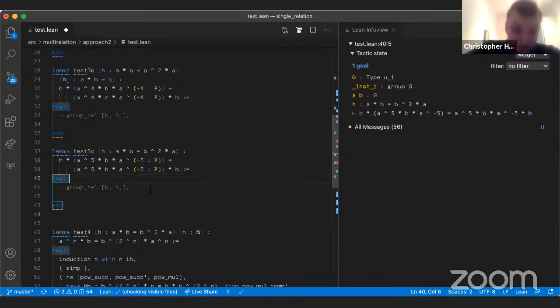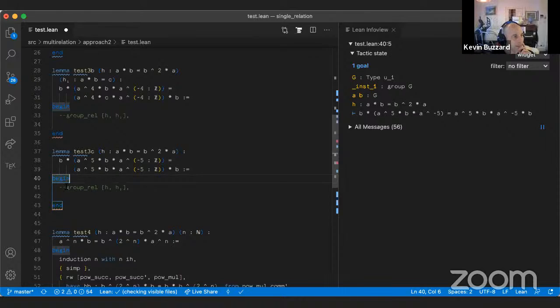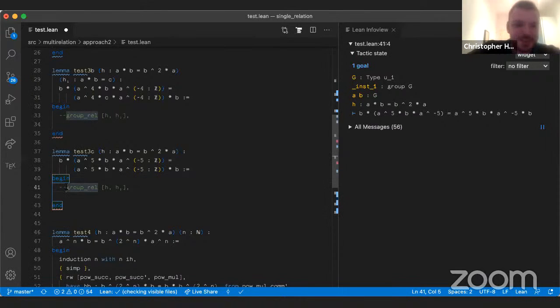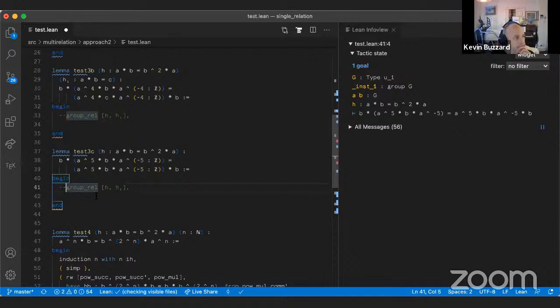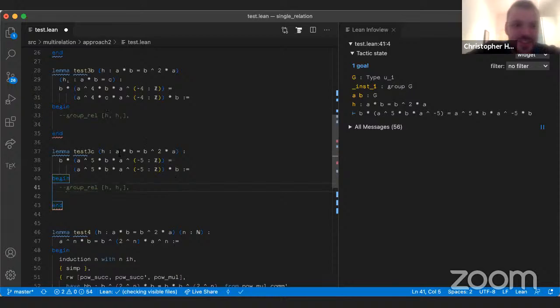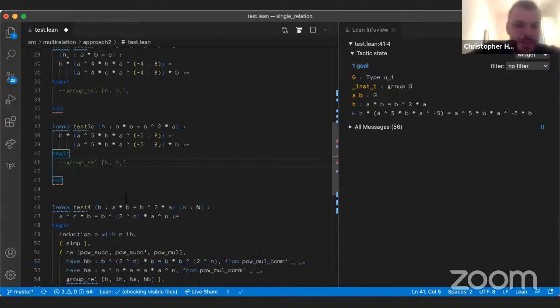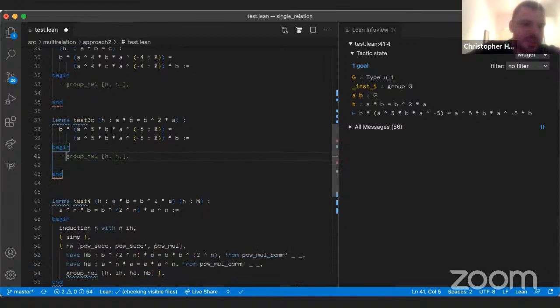What happens if you run the tactic on it? I don't want to crash my computer. Well, it will just take too long, because it's got to do a lot of rewrites to make it longer. But I shouldn't be proving this in Lean anyway.